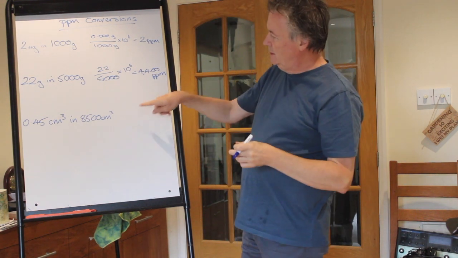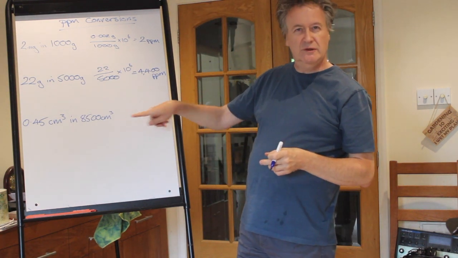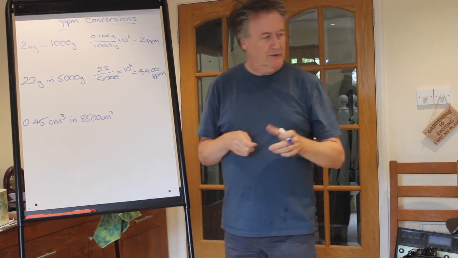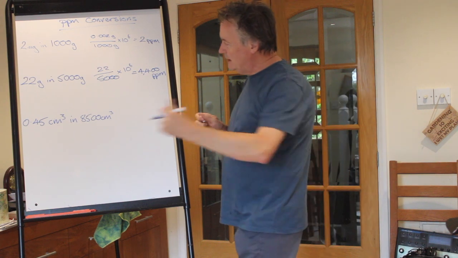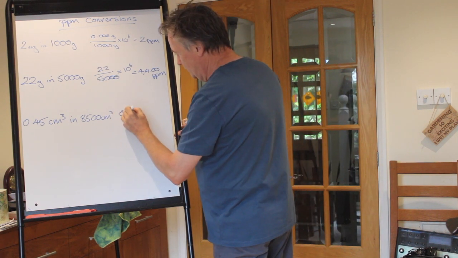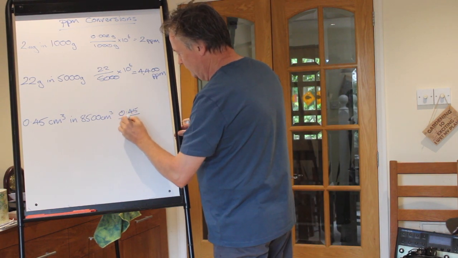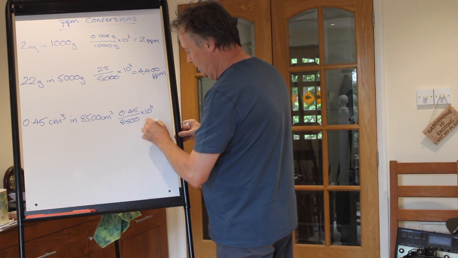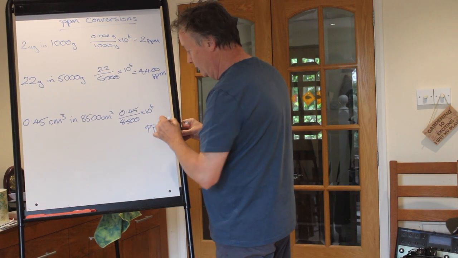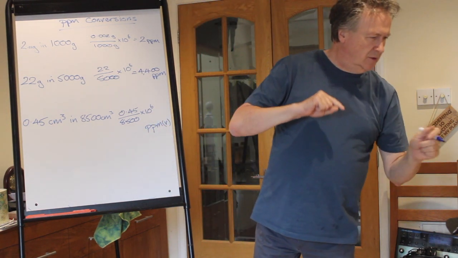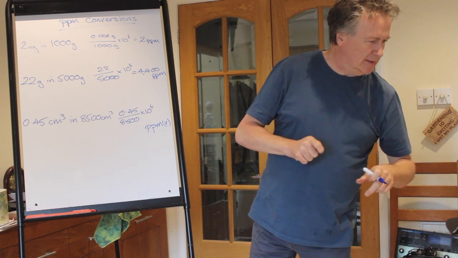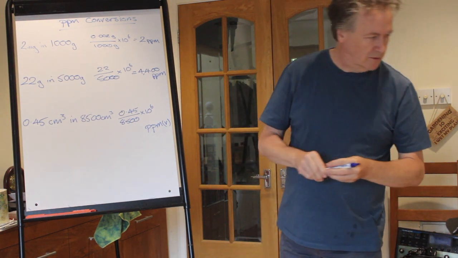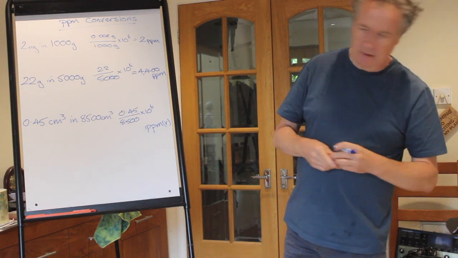And then finally this one's going to be in volume units. So in volume units, that means it'll be ppm v in brackets. The calculation is the same. 0.45 over 8,500 times 10 to the 6, but what comes out of it will be ppm volume. I think it's 53 according to my calculation there.